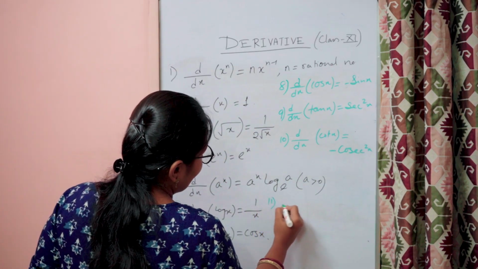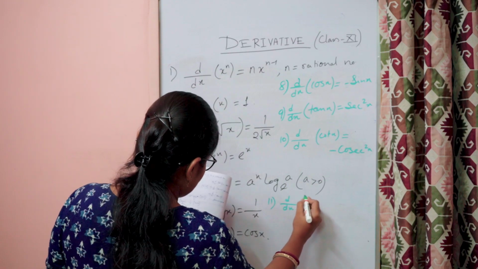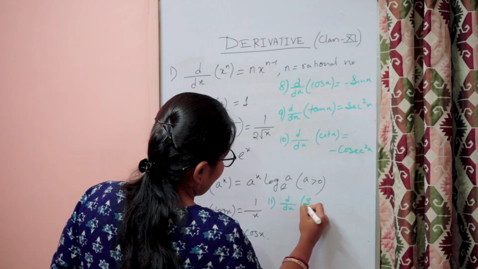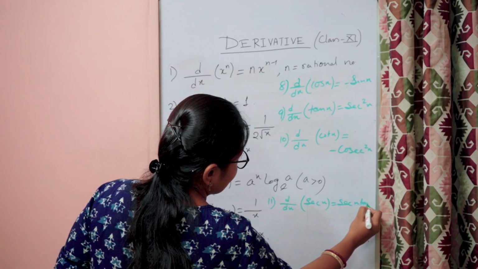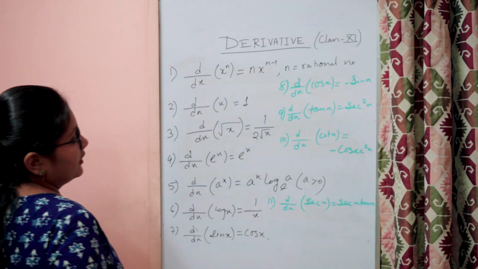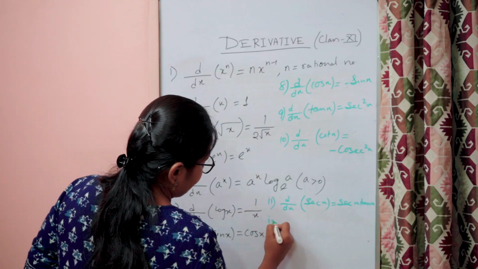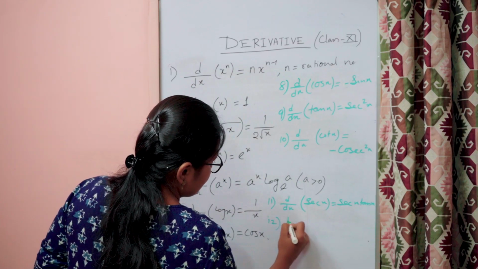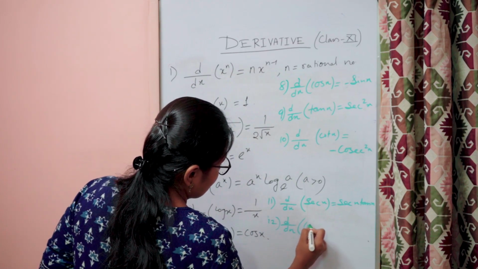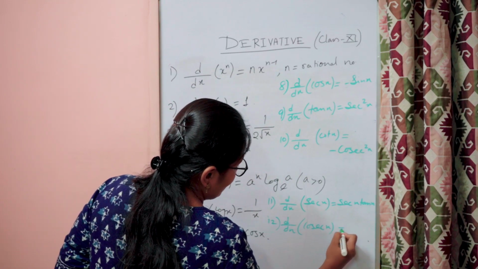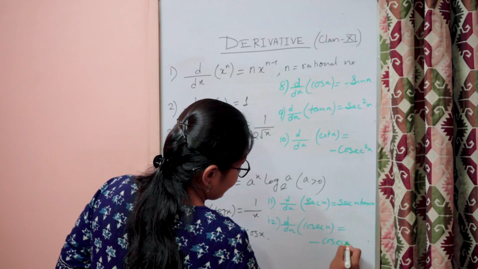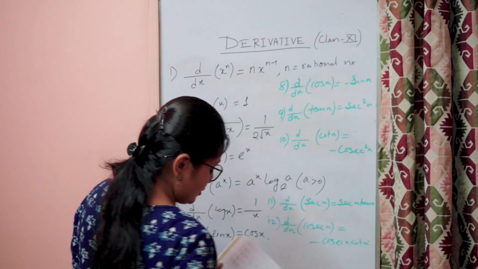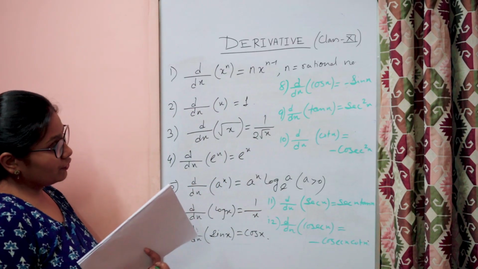Then formula 11, d/dx of sec x is equal to sec x tan x. Then d/dx of cosec x is equal to minus cosec x cot x. These are the formulas you have to learn.